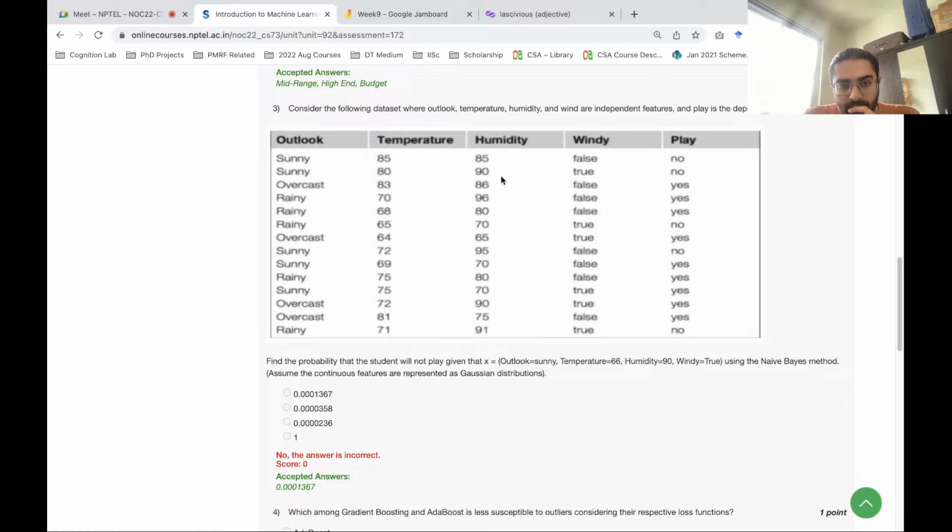I would like to ask, is the question asking us for the likelihood or the probability? Because if they ask for the likelihood, I think we can solve for that, right? No, but I guess they're asking for the probability, right? The probability that the student will not play.